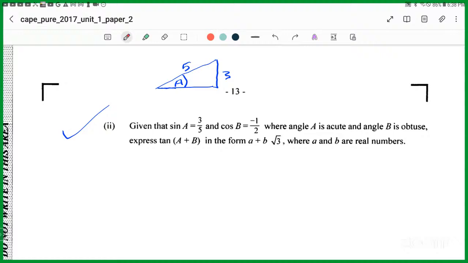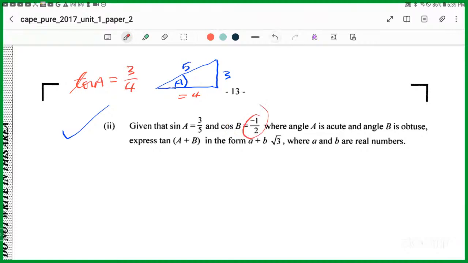That becomes a 3, 4, 5 triangle. If you don't know, it will be the square root of hypotenuse squared, 5 squared minus 3 squared, which is 4. Well, you should know the 3, 4, 5 triangle. It means then that tan of A is opposite over adjacent, 3 over 4.